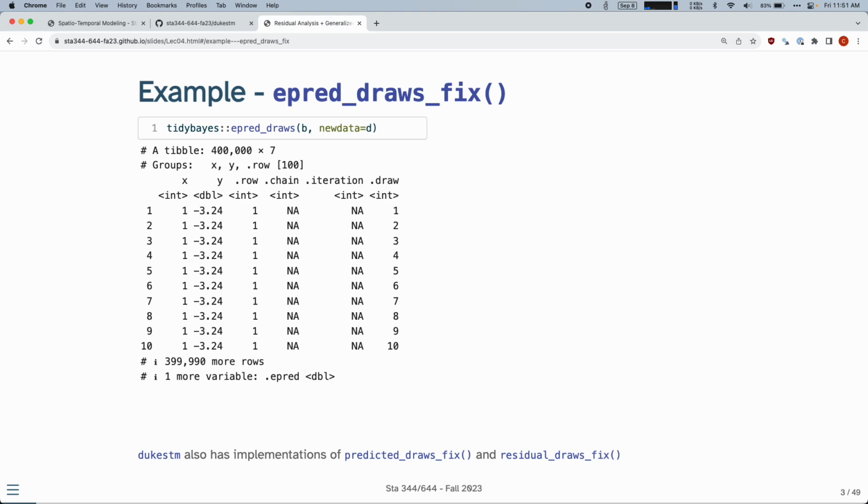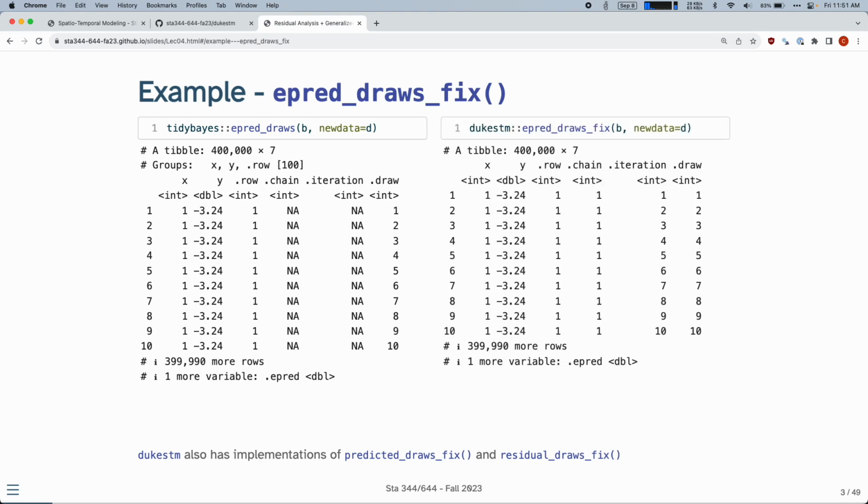So there's an epred_draws_fix, a predicted_draws_fix, and a residual_draws_fix implemented there. It just takes care of filling in that information so you can group by chain, group by iteration, that kind of stuff if you are so inclined. It's implemented as part of the package, so we'll be using it today.